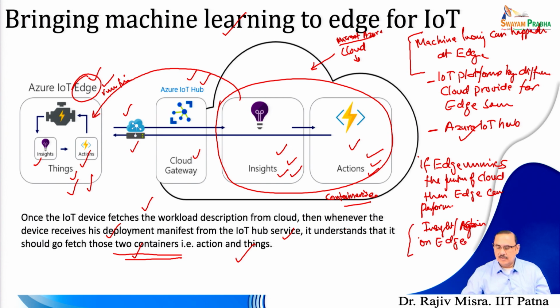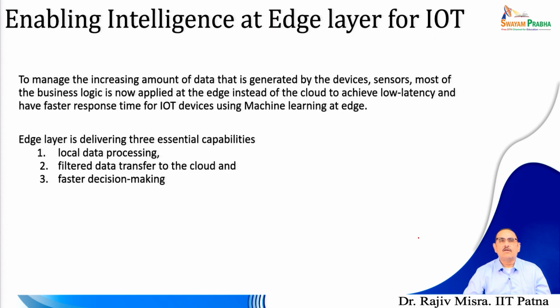So, let us get more detail about this particular concept, and thereby it is called enabling intelligence at the edge layer. Now, to manage the increasing amount of data generated by the devices and sensors, most of the business logic is now applied at the edge instead of the cloud, to achieve low latency and faster response time for IoT devices using machine learning at the edge.